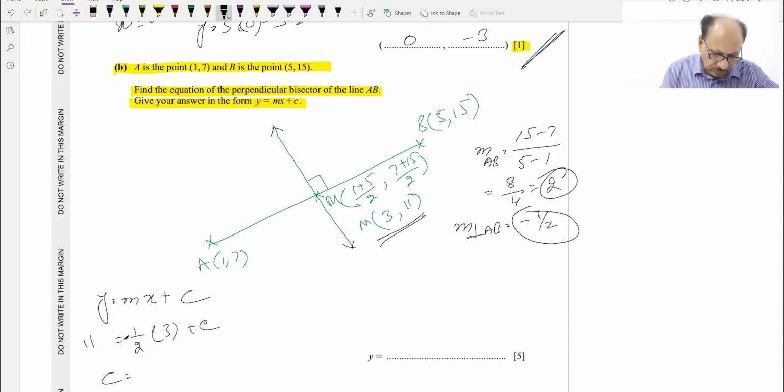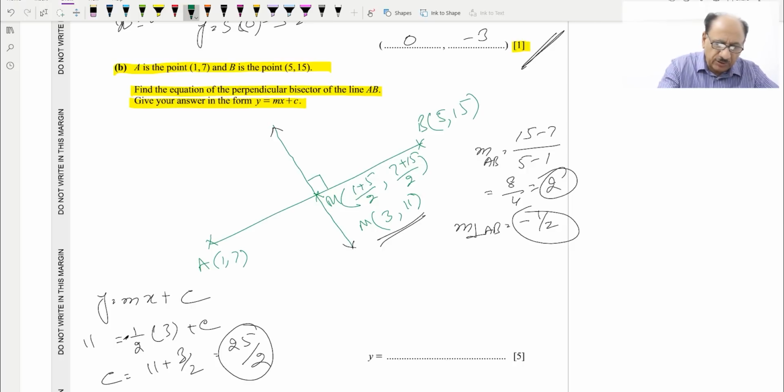So c is equal to 11 plus 3 by 2. We can simplify 11 by equalizing the denominator, it will be 22 by 2, and then you will get 25 by 2. Now this is our c value.